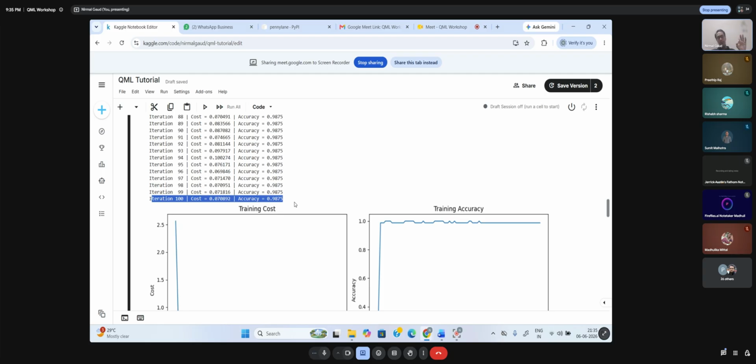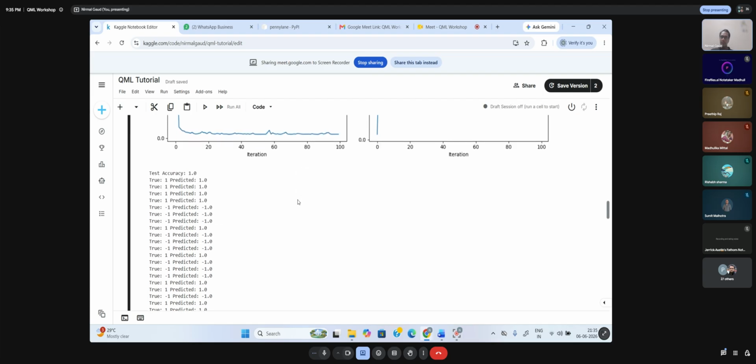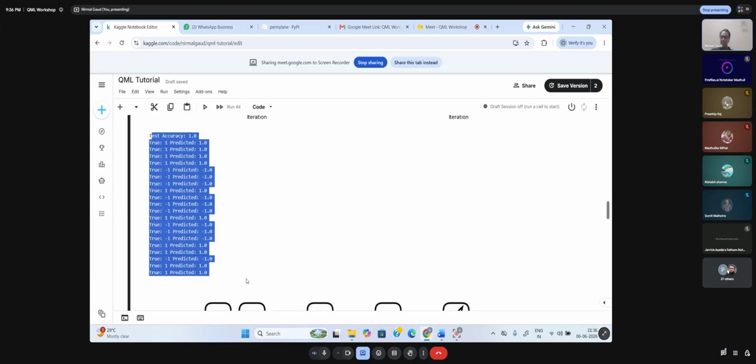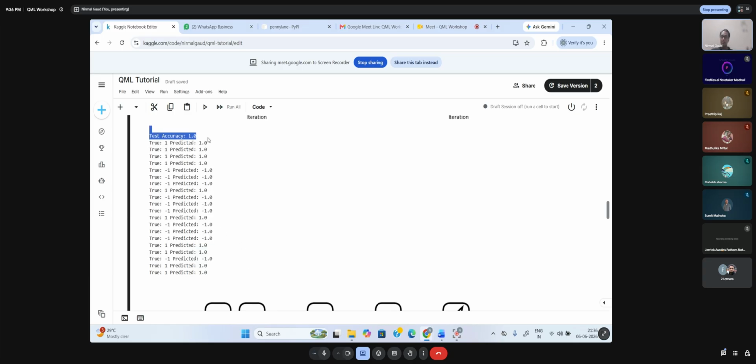This is one of the best codes which you can learn initially by taking a very simple data set of machine learning. 98% accuracy, and all the predictions are nearly correct. Maybe all correct, because the test accuracy is coming to be 100%.